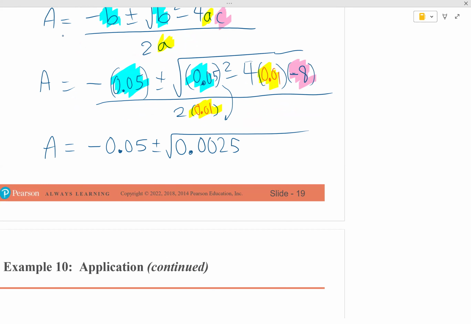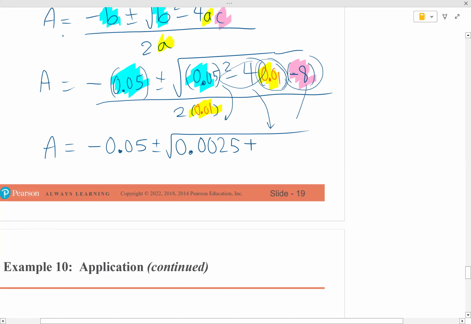And next, I'm going to do -4 multiplied by 0.01 multiplied by -8. It's a negative times a negative, so it's actually going to be a big positive number. I'll do 4 times 0.01 times 8, you get 0.32. Now in the denominator, 2 multiplied by 0.01 is 0.02.